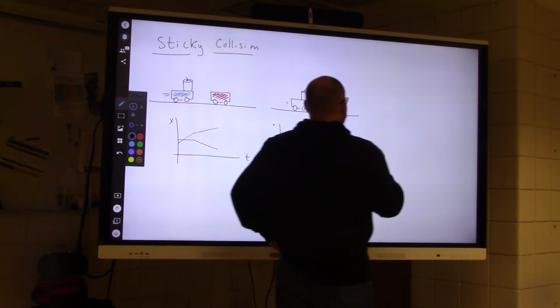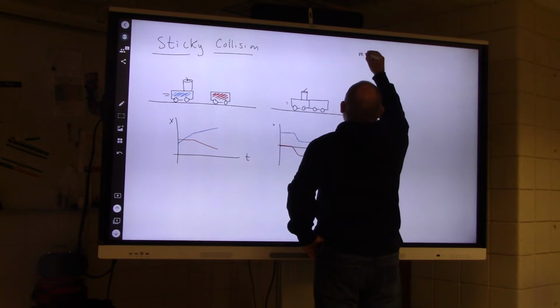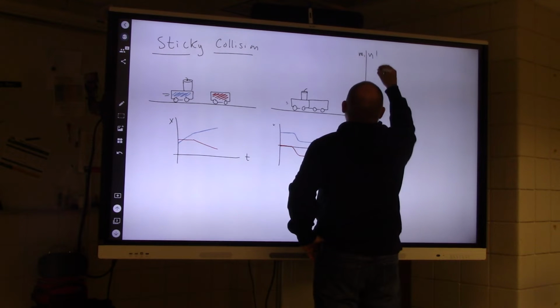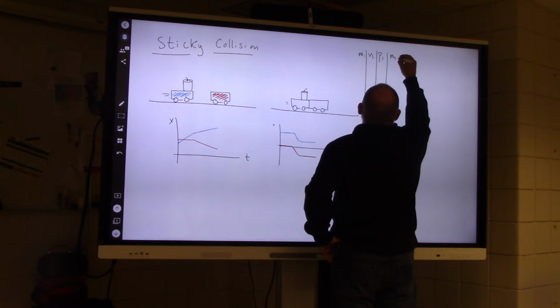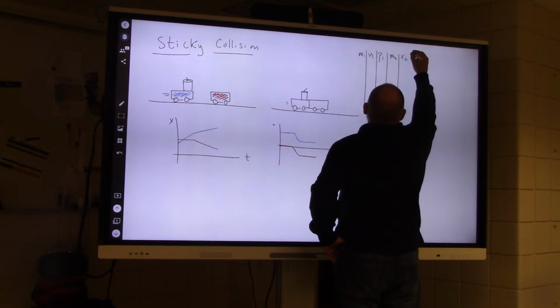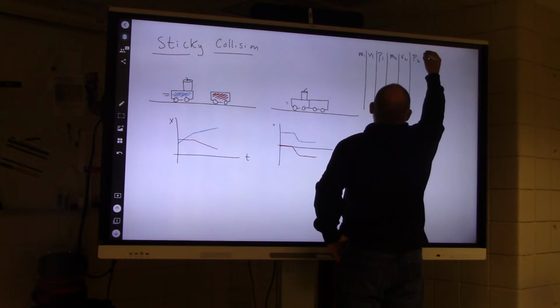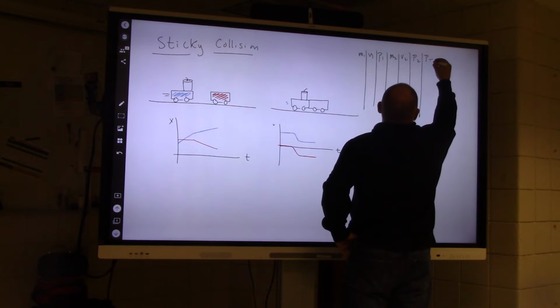So what we're going to do is we're going to fill out the same chart. I love this chart. So we got M1, V1, P1, M2, V2, P2, and P total.